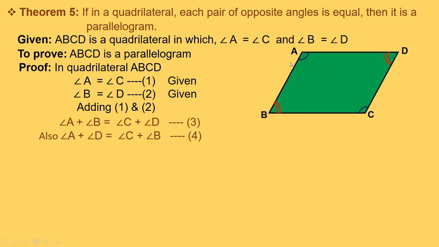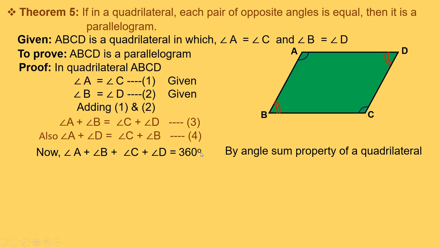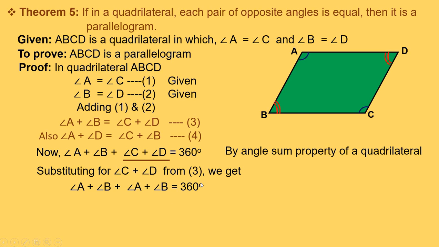Now, by the angle sum property of a quadrilateral, we have angle A plus angle B plus angle C plus angle D is equal to 360 degrees. Now, angle C plus angle D is equal to angle A plus angle B. So, substituting for angle C plus angle D from equation 3, we get angle A plus angle B plus angle A plus angle B is equal to 360 degrees.